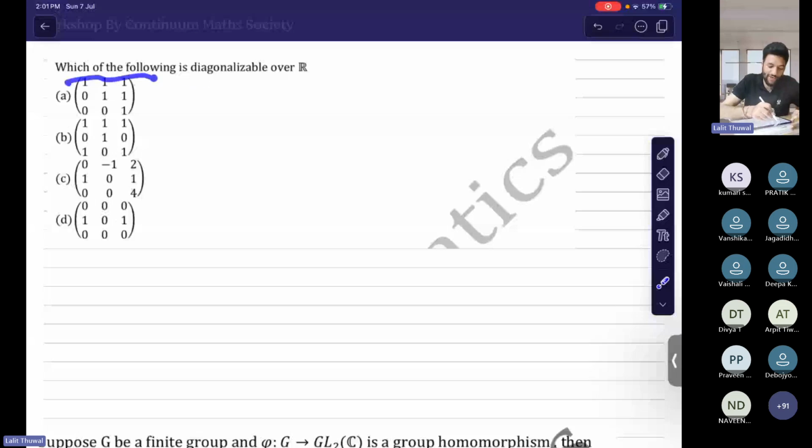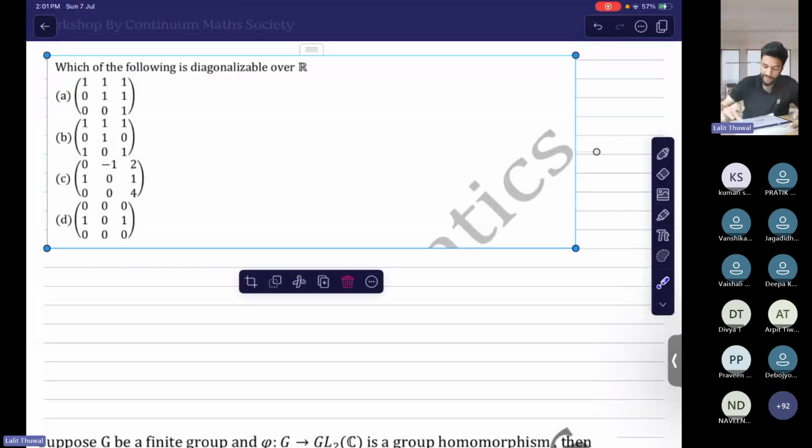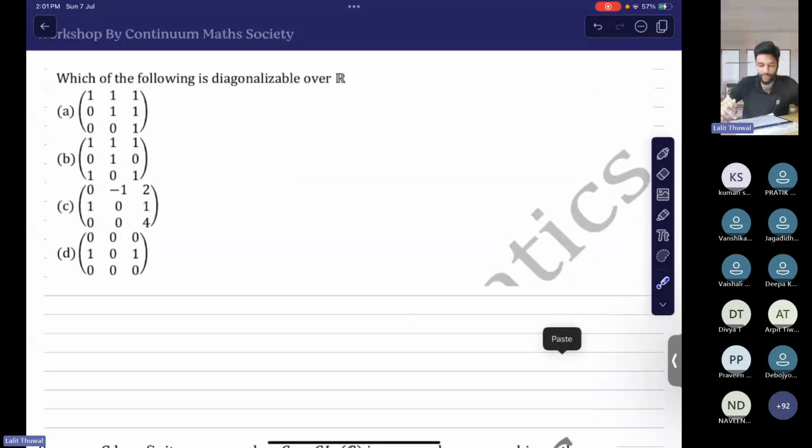Which of the following is diagonalizable over R? There are four matrices given, so we have to tell which of the following are diagonalizable over R. You can try for 1 minute and write your answers.